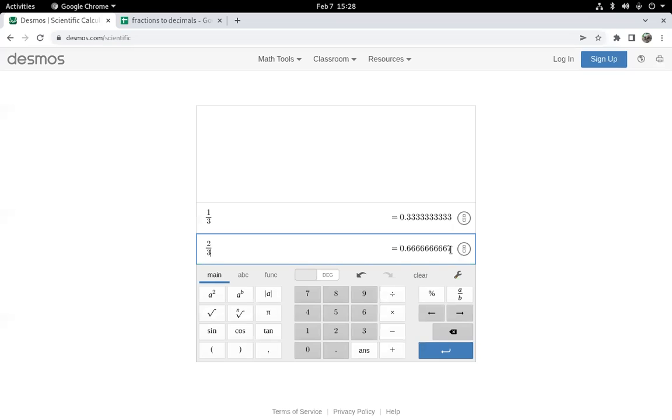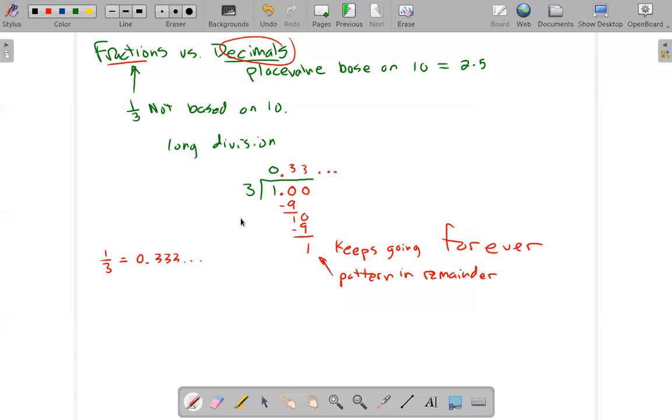Is that really a 7 and it stops there? Or did it round? And it turns out it rounded. Those 6's just keep going. If we stop, we're obligated to round. We don't have to, it's just an obligation. So let's see, 2/3 is 0.666, and those 6's keep going forever.